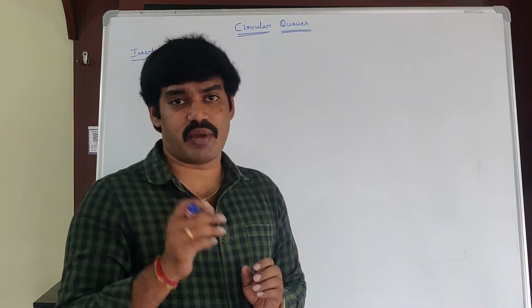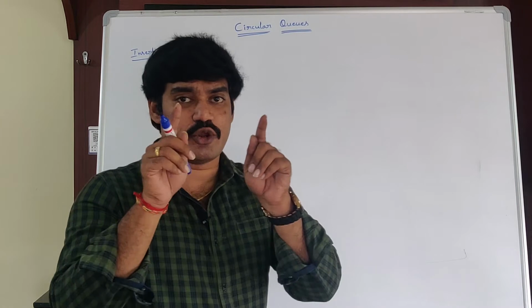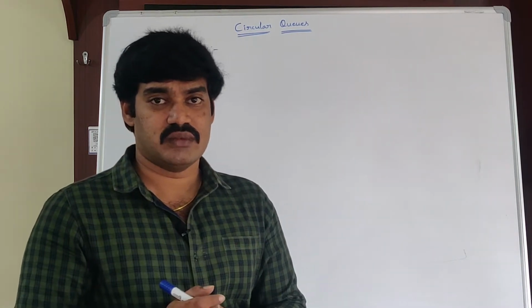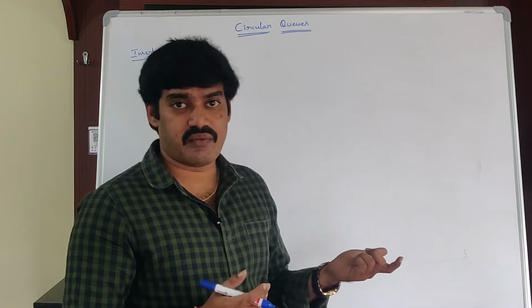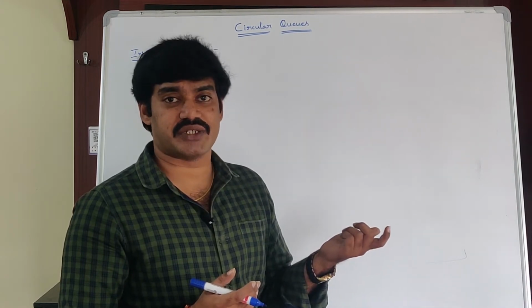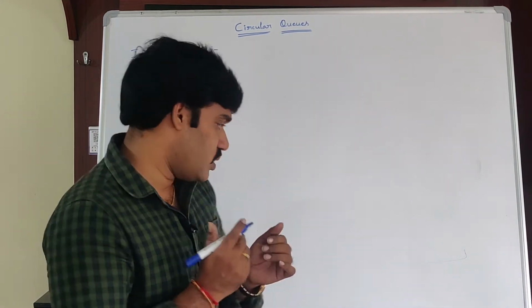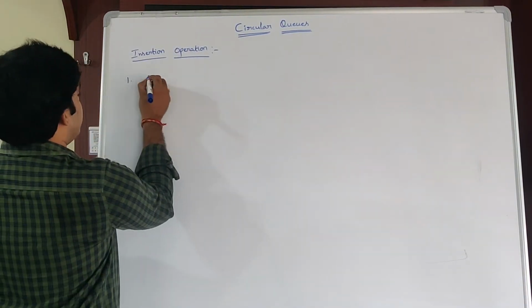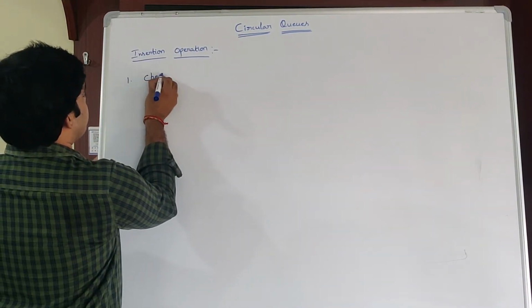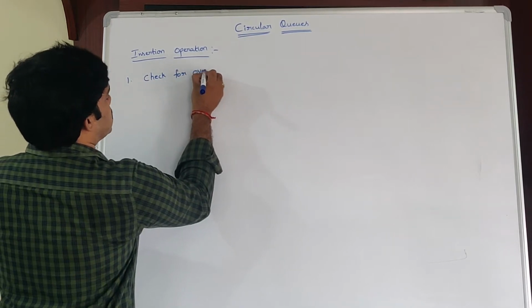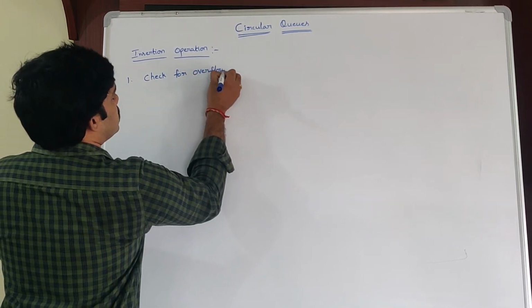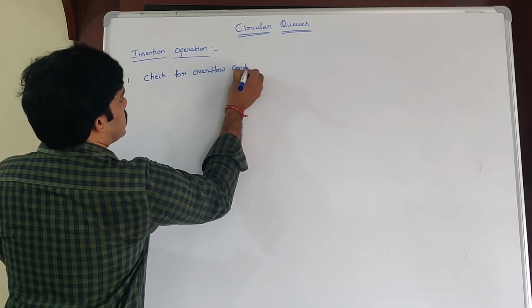Array requires static memory allocation, that means we need to mention the array size first. Once we mention the array size, we need to check whether the circular queue is full or not. So the first step is to check for the overflow condition.